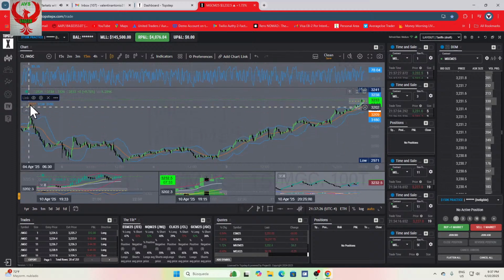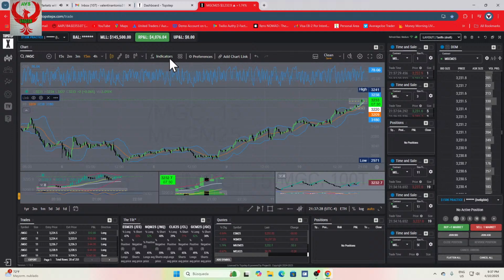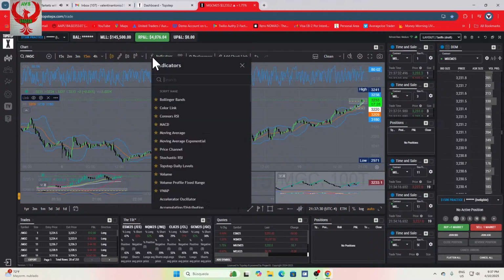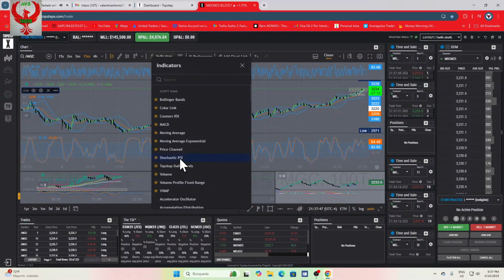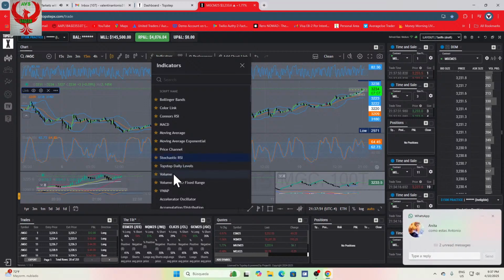Watching. Let's see if we could add to this position. Bullish breaker upper. Let's see. I'm adding to the position.